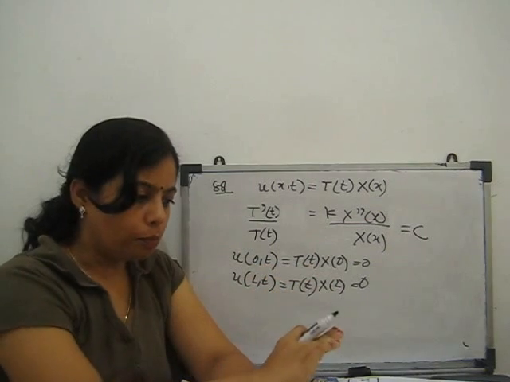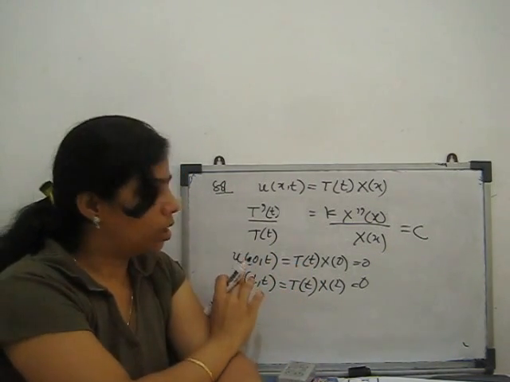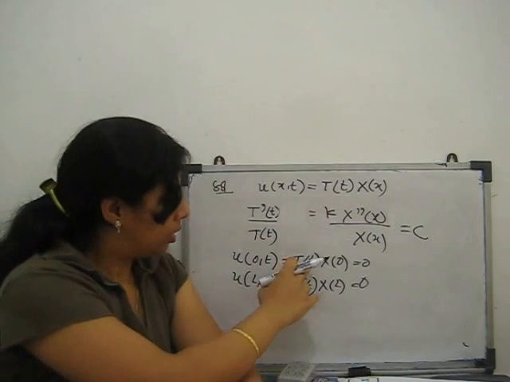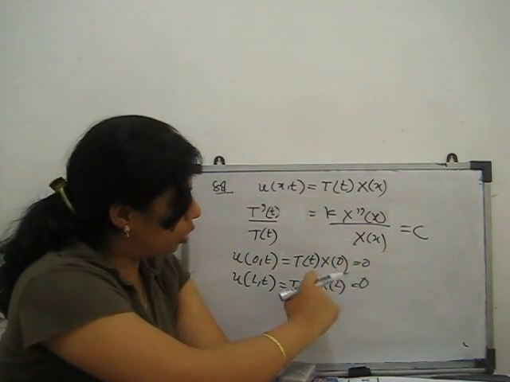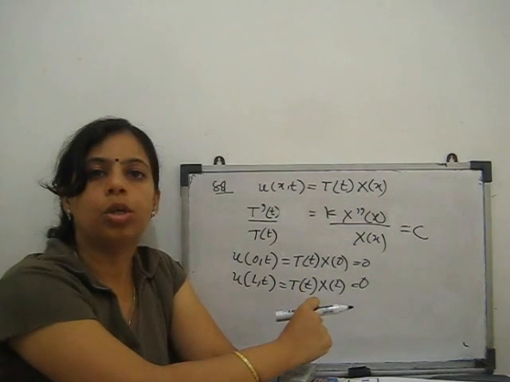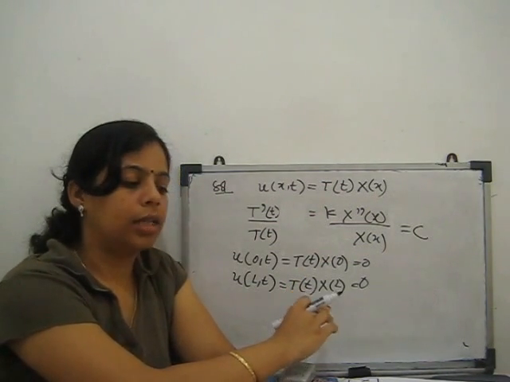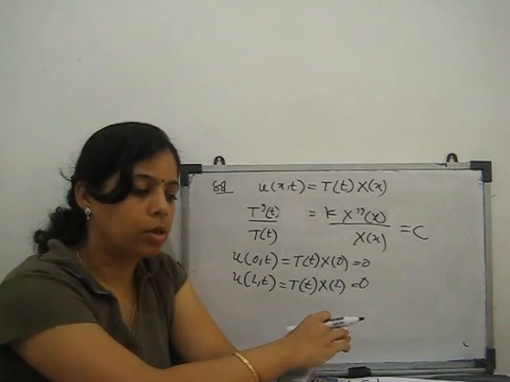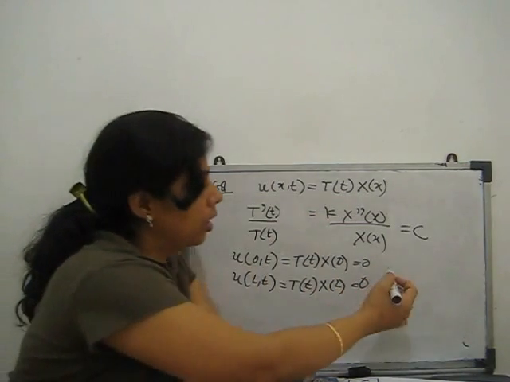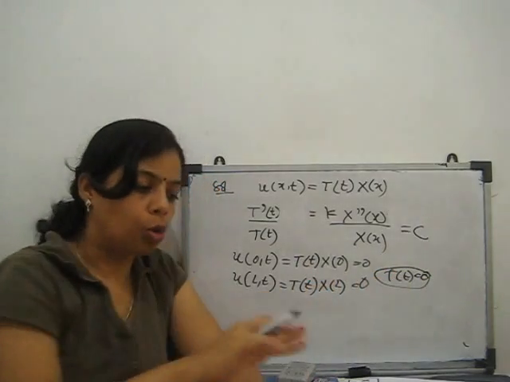Clear? These two equations should not give the trivial solution. If X goes to 0, then the temperature function T(t) is also given by 0. We don't want this trivial solution, T(t) equal to 0.